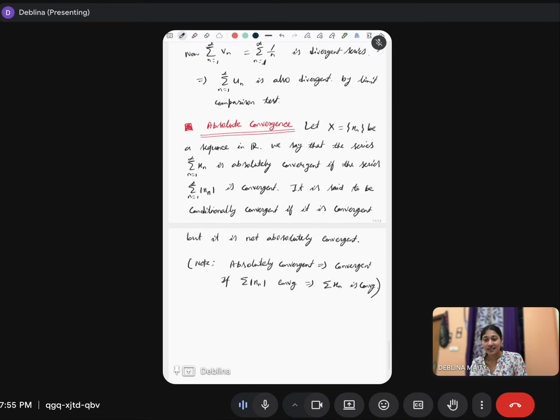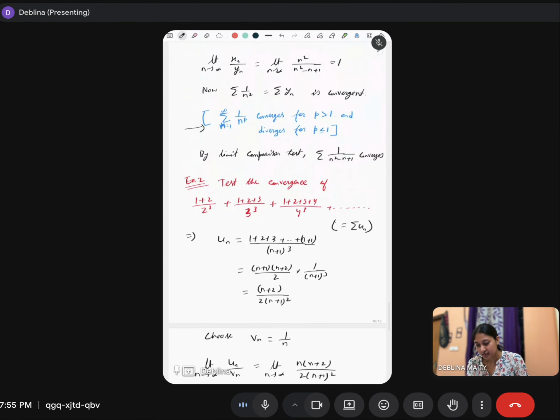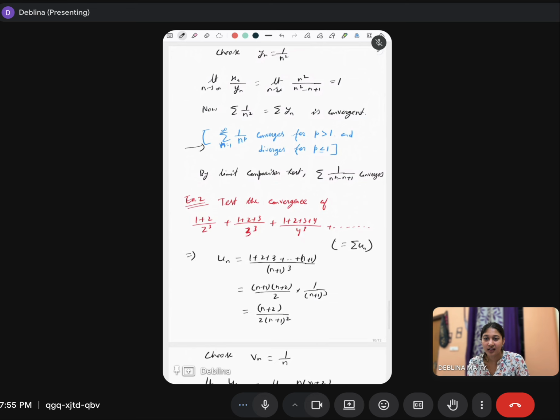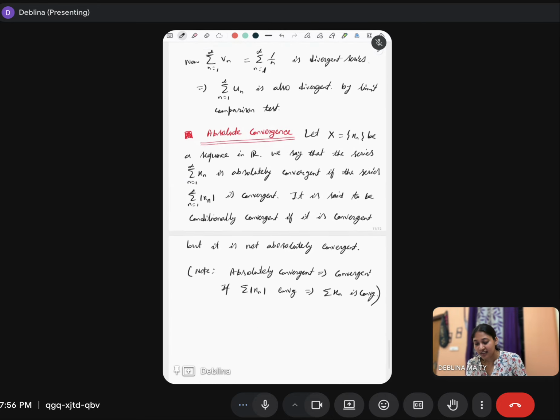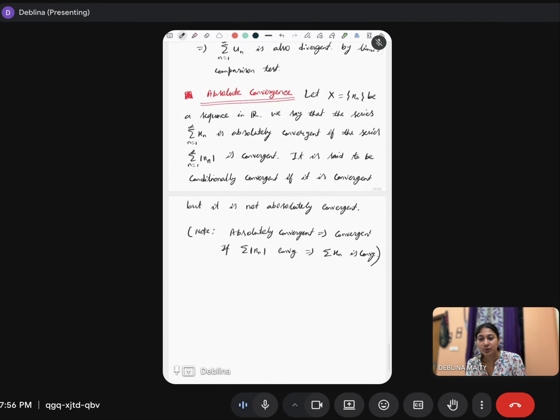Now there are tests to show if it is absolutely convergent or conditionally convergent, like the ratio test, the limit comparison test and the comparison test. So there are tests to check if this convergence is absolute or not, right?